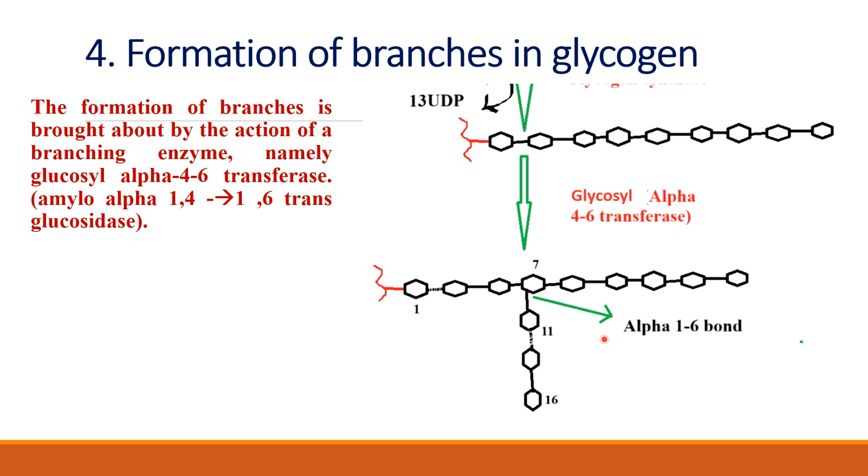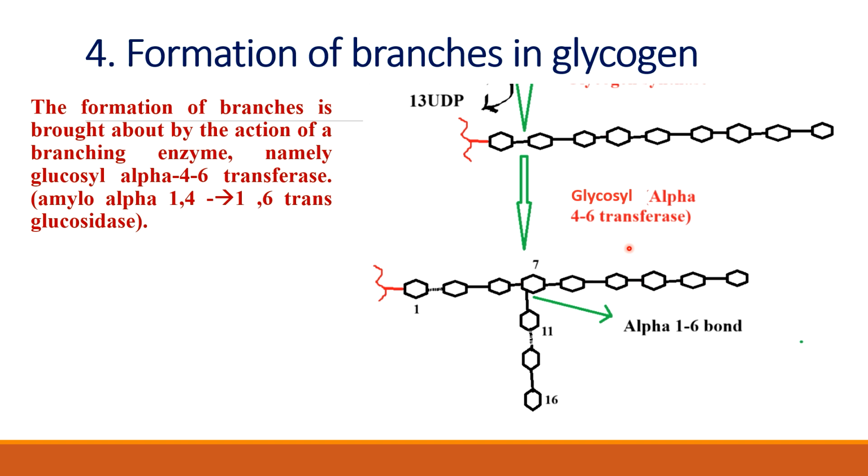This branching enzyme is called glycosyl alpha 4,6 transferase, or you also call it amylo alpha 1,4, 1,6 transglucosidase. This enzyme is mainly responsible for the branching.